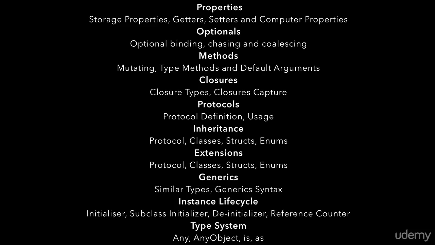For example, some people have problems with optionals, but they're great with properties. Others have problems with protocols, but they're great with generics. So it's not one size fits all.